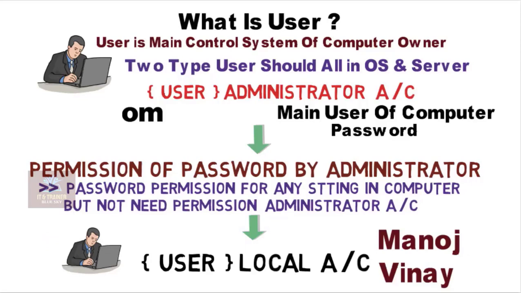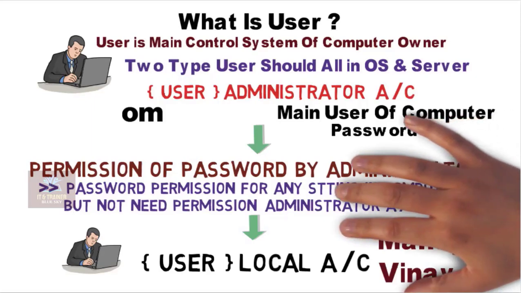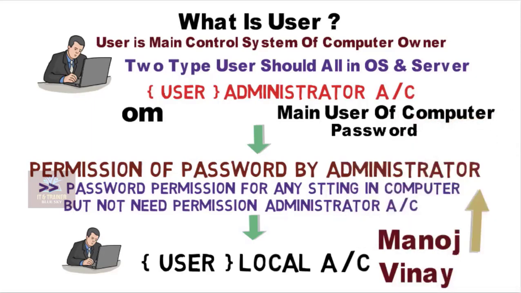But OM is my administrator related account. You can enter any name you like, and remember this name: this name is for your administrator account, and this name is for the local account. Okay, this is very important to understand. I will explain this clearly one by one, how you set up and how you create an administrator account.